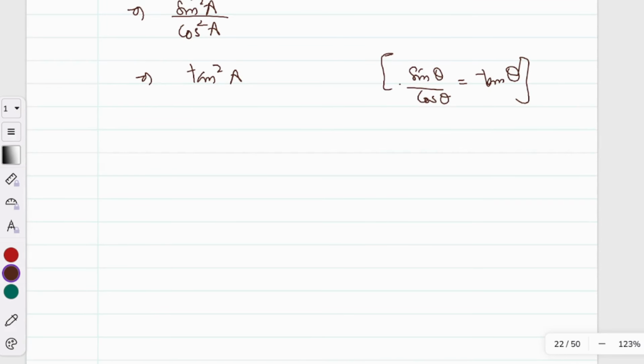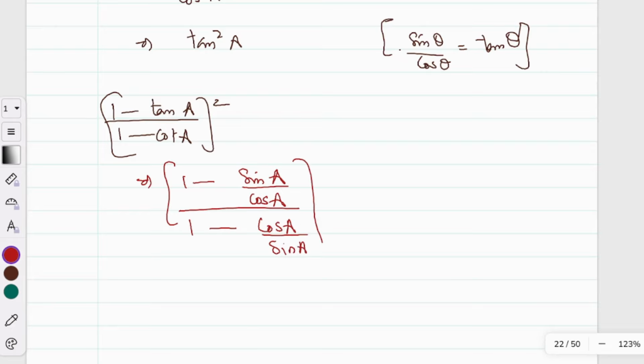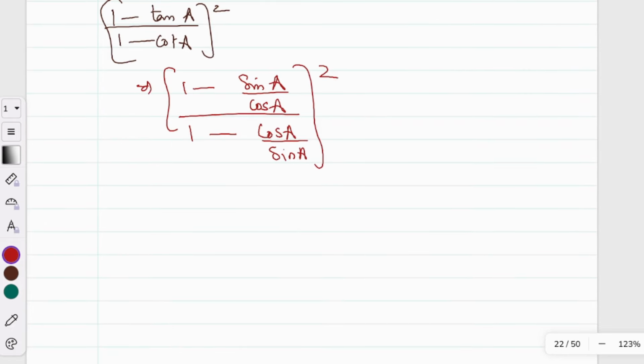Now, let me take the second part. What is the second part given here? That should be equal to 1 minus tan A divided by 1 minus cot A, the whole square. So what I will do here: tan A can be written as sin A divided by cos A, divided by 1 minus cot A, where cot A equals cos A divided by sin A, the whole square.